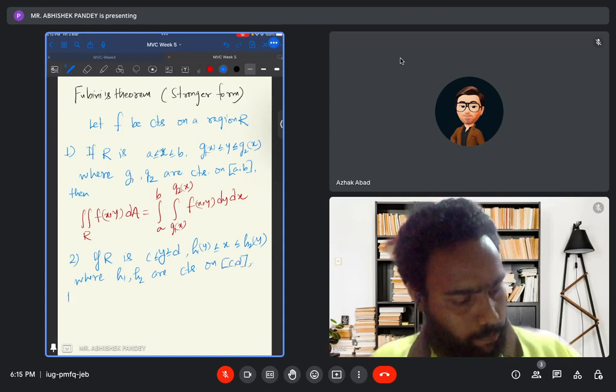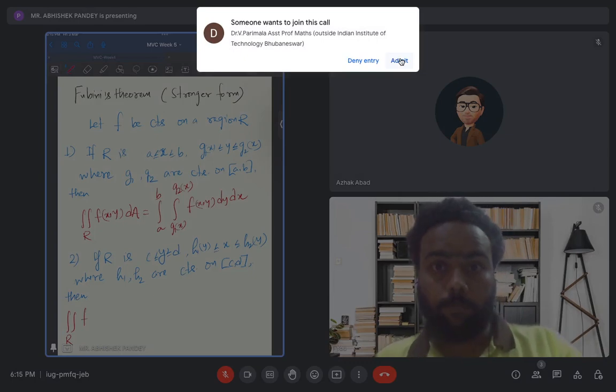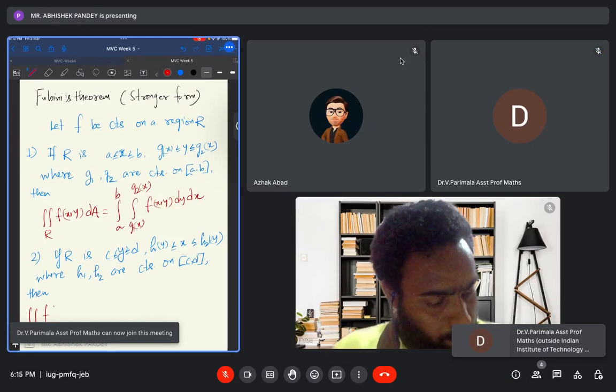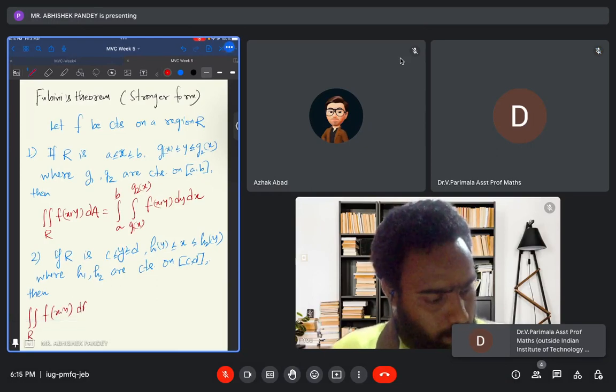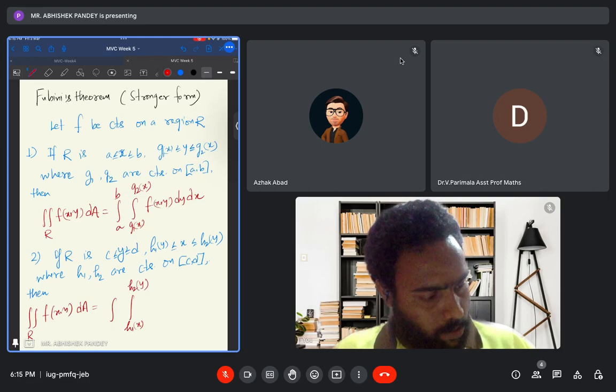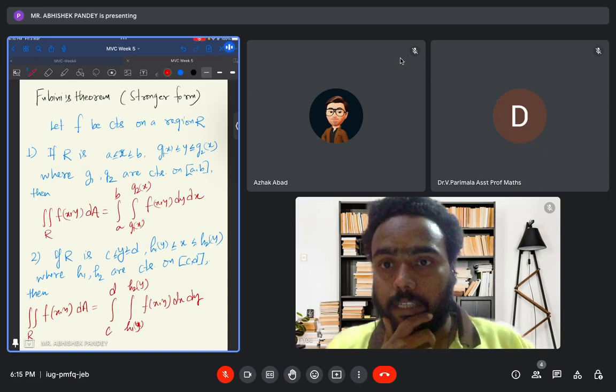Then the double integral of f(x, y) dA is equal to the integral from c to d, from h1(y) to h2(y), of f(x, y) dx dy. Okay, I hope this is clear.